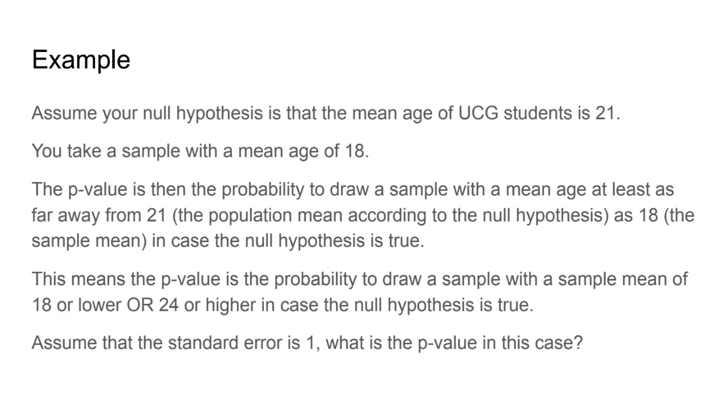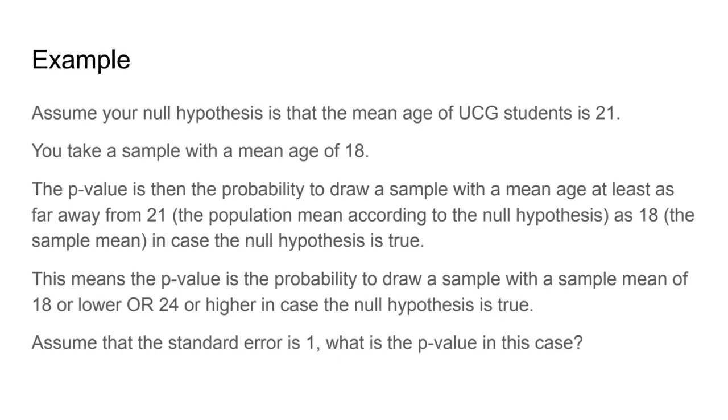So now we have to think about, well, does it significantly differ, right? And for that we use the p-value. So we ask ourselves, if the mean is really 21, how likely is it that we find a sample like 18 in this case?